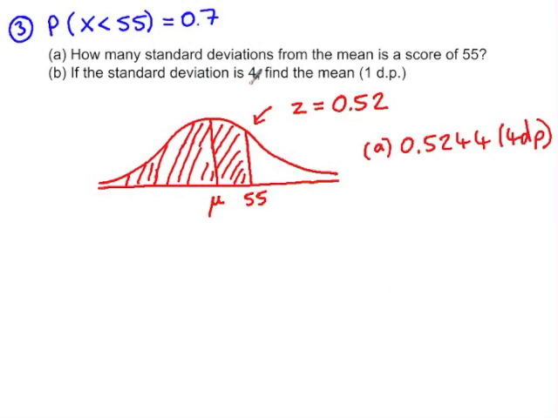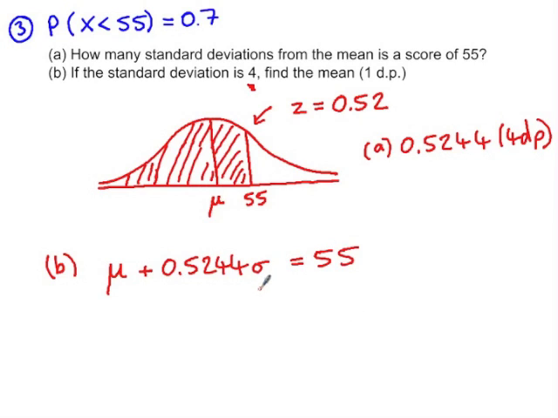Now for part B, we're given a value for the standard deviation and we're asked to find the mean. 55 is 0.5244 standard deviations above the mean. So we can write that as an equation. The mean plus 0.5244 standard deviations is equal to 55.